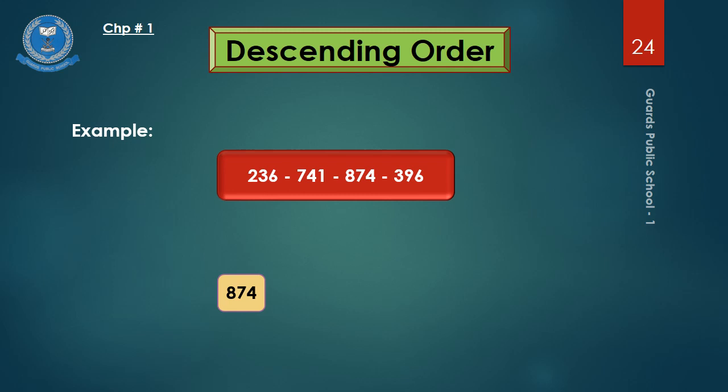Next smaller number is 741. Yes, next smaller number is 396. And the last, smallest number is 236. Very good. So the arrangement of numbers in descending order is 874, 741, 396, 236.